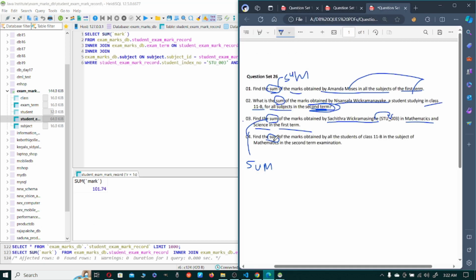Find the sum. Once again, we have used the keyword sum. Sum of marks obtained by all students of the class 11B in the subject of mathematics in the second term examination.